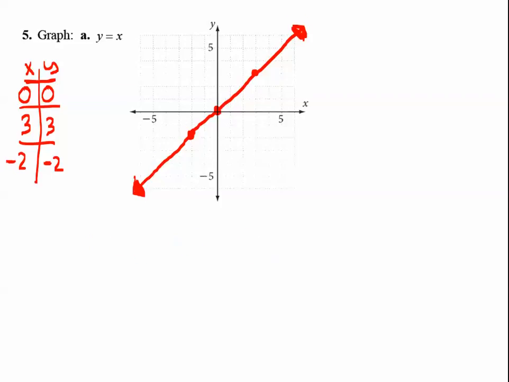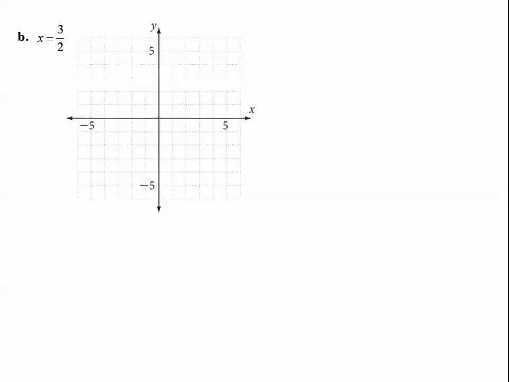The next special one, x is equal to 3/2. That's weird. So far we've been doing these guys. We had always an x and a y. This time I just have x by itself, nothing else.